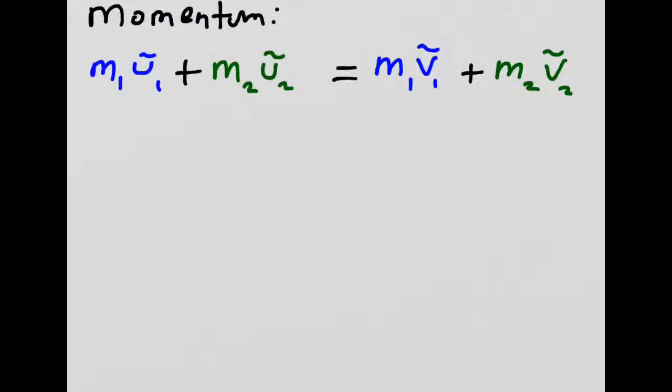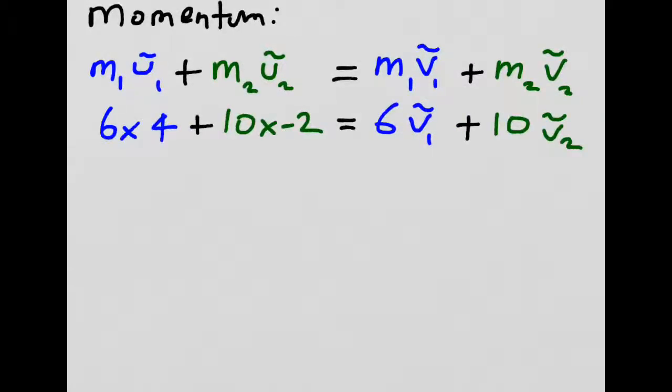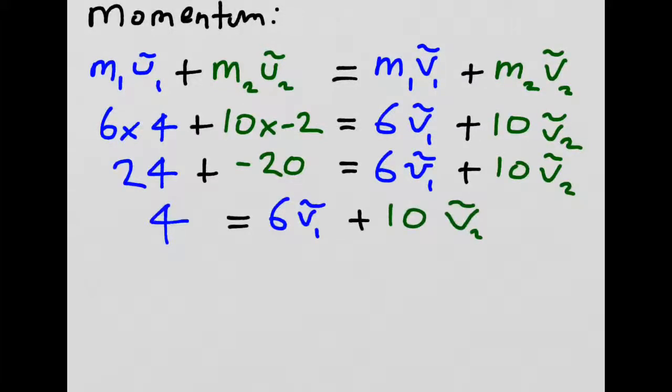Now if we look at the conservation of momentum, we see the momentum before equals the momentum after. We substitute in all the numbers that we know, we get that. But wait a minute. We have two variables, v1 and v2, so we can't solve the equation, but look at this.